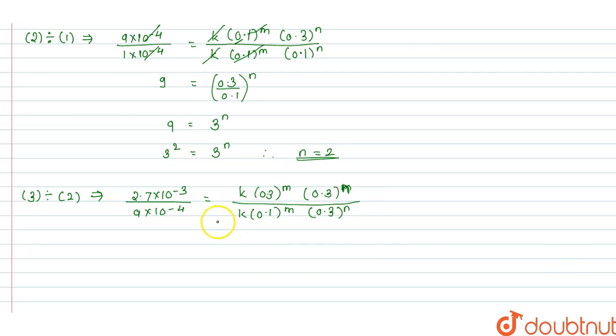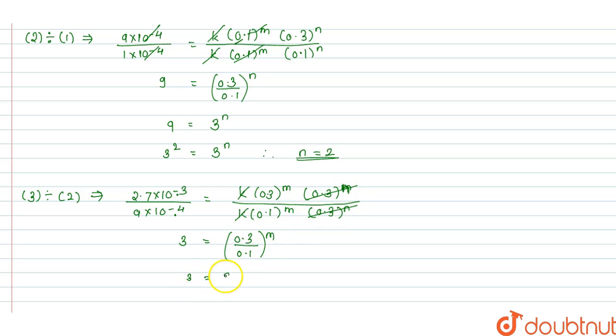Now in this equation, 2.7 into 10 to the power minus 3 upon 9 into 10 to the power minus 4 is equal to 3. K and K get cancelled. 0.3 raised to n, 0.3 raised to n get cancelled. So you have 0.3 upon 0.1 raised to power m.